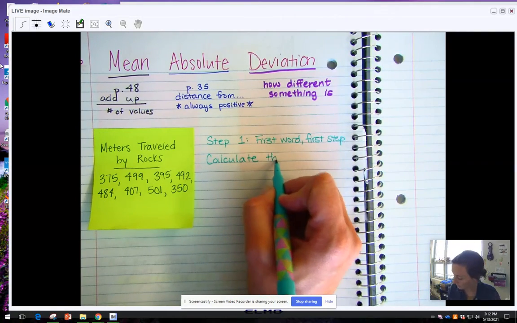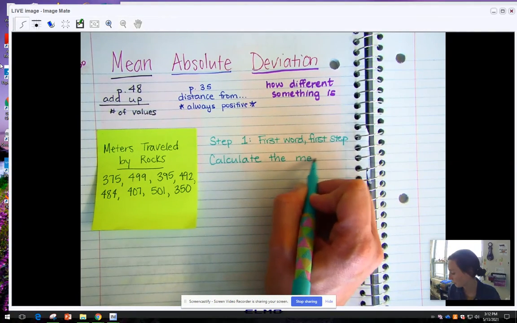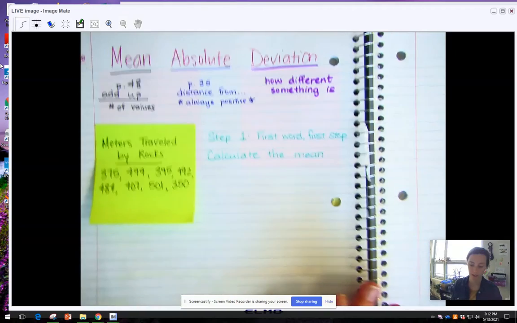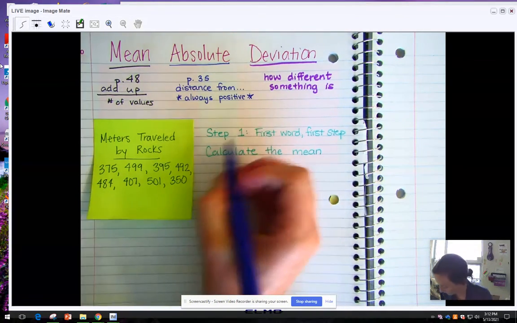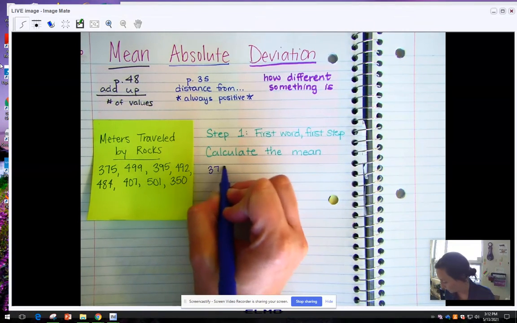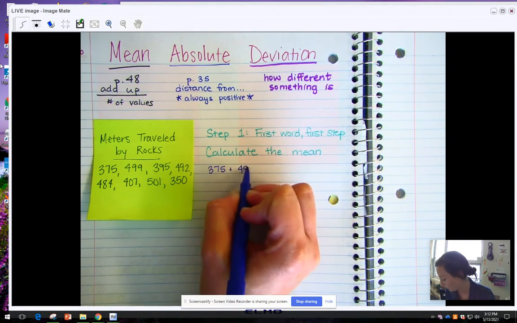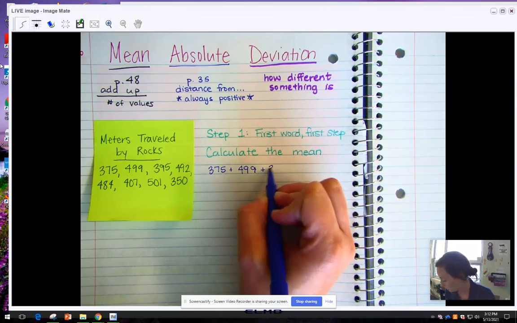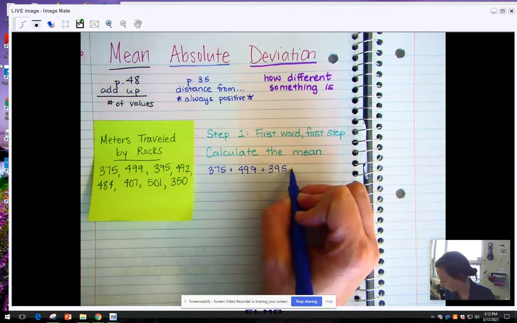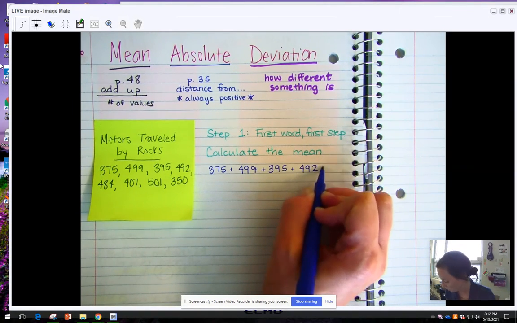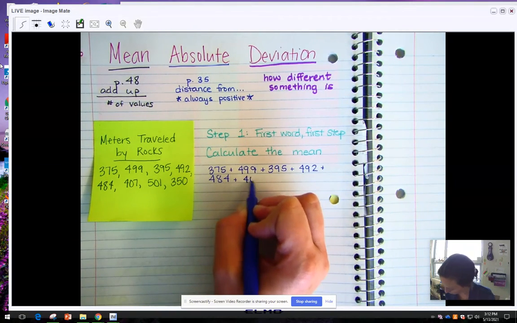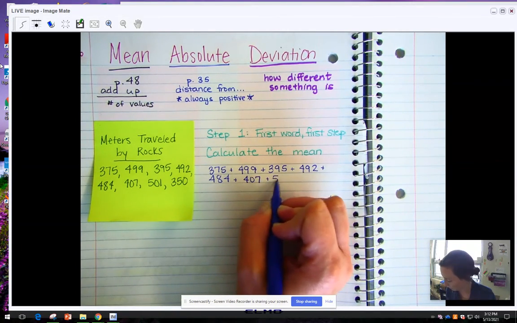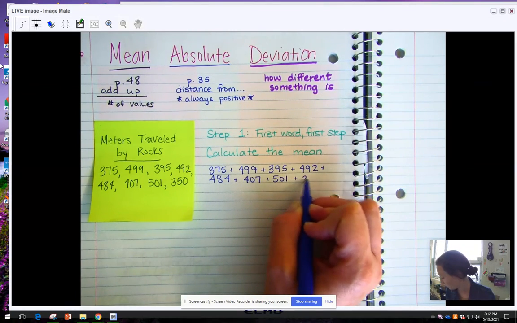And you'll notice when we take notes, we always include an example, and that's so you can look back. You have something to refer to. So to calculate our mean, we need to do 375 plus 499 plus 395 plus 492 plus 484 plus 407 plus 501 plus 350.